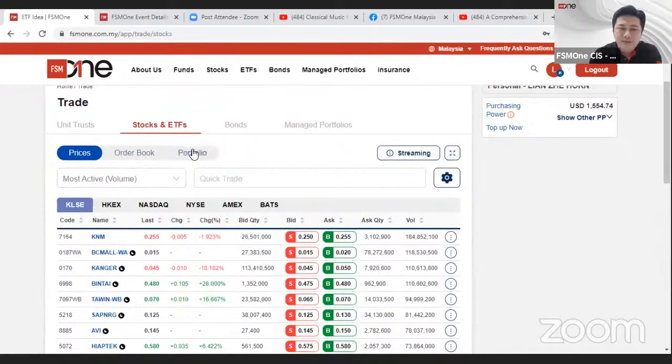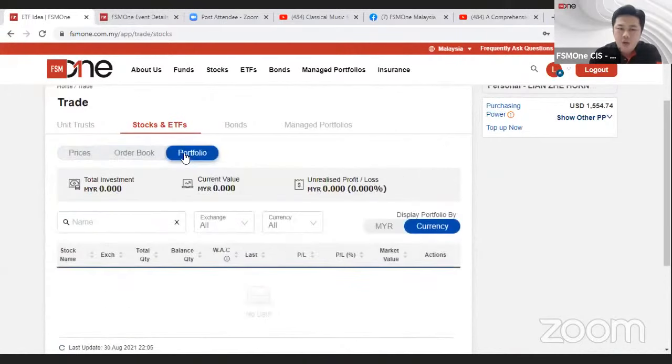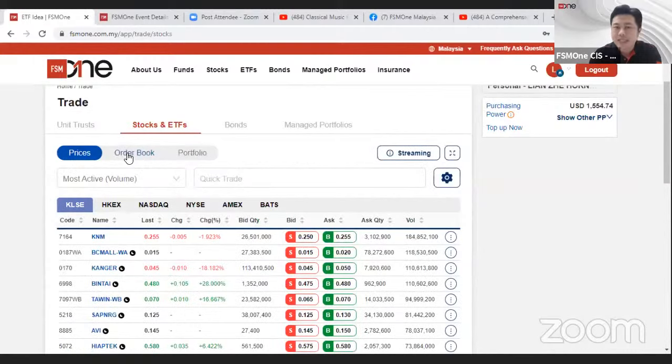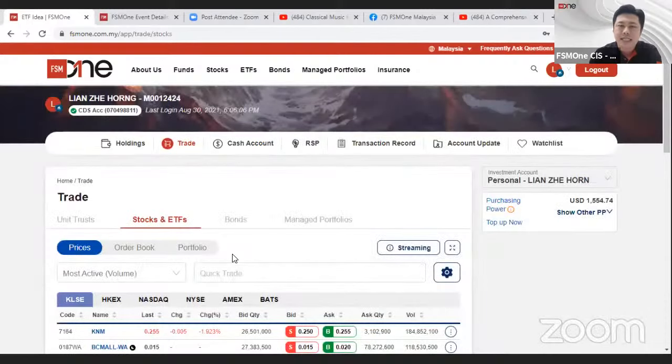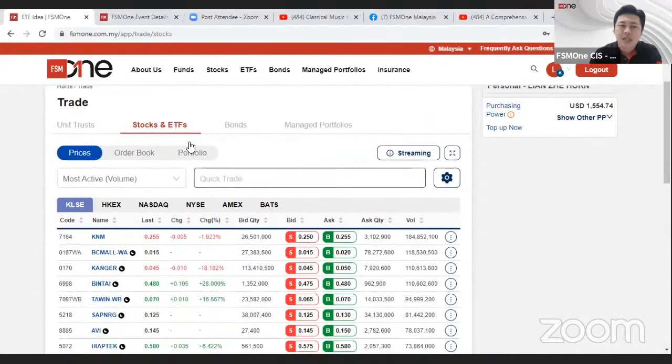Under these three tabs, prices, order book, and portfolio, you get live prices on our platform. Other than these three pages, any other page you browse through has 15-minute delayed pricing. Only these three tabs have live prices.